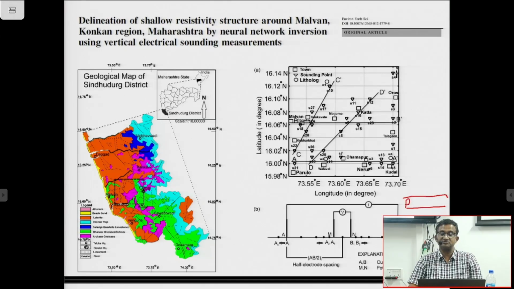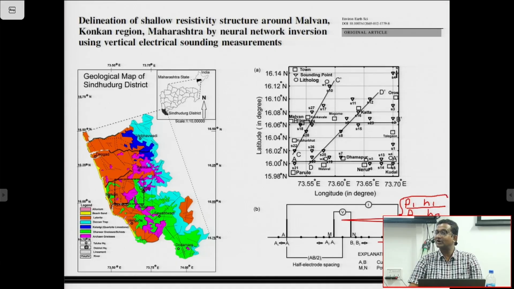So the first one, you say rho 1, this is H1, then rho 2, H2, rho 3, H3, rho 4. So usually if you have a 1, 2, 3, 4 layer case, how many parameters do you have in 1D? 1, 2, 3, 4, 5, 6, 7. Because the last layer is assumed to go up to infinity.